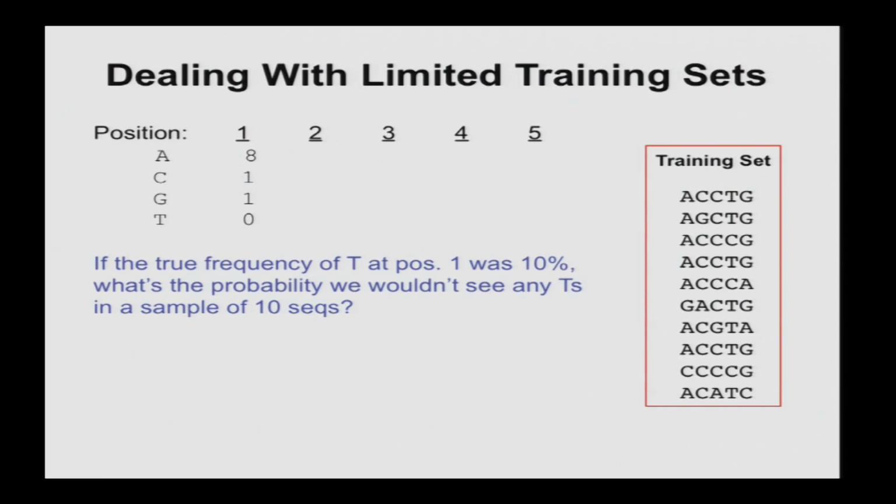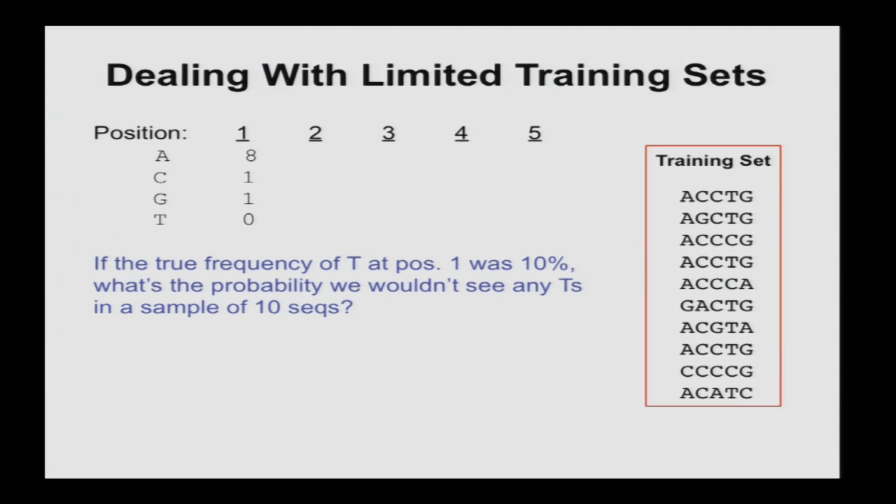All right, so let's think about what could happen if you don't have enough data to estimate parameters, and how can you get around that? Let's just take a very simple example. Suppose you were studying a new transcription factor, you had done some sort of pull-down assay followed by, say, conventional sequencing, and identified 10 sequences that bind to that transcription factor.